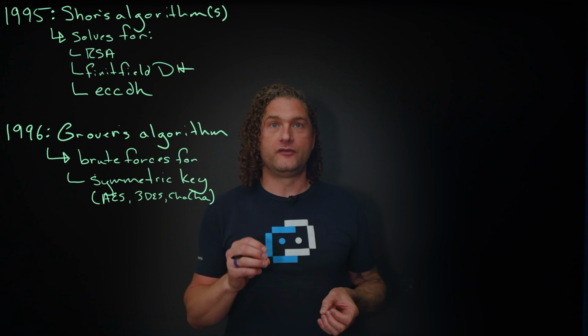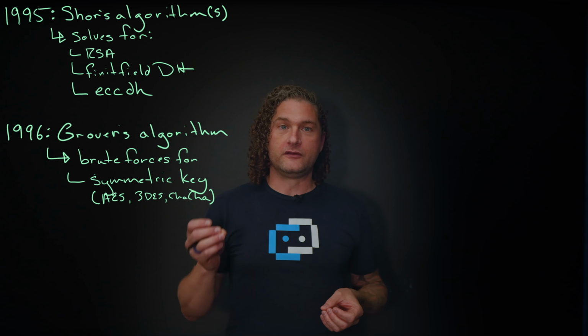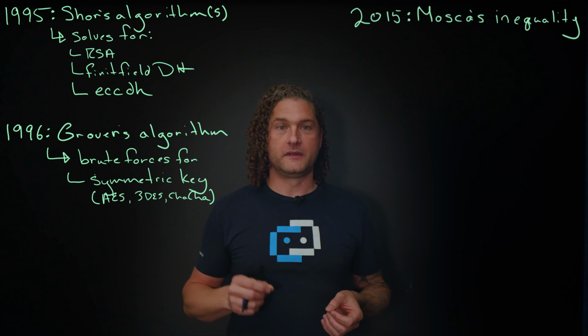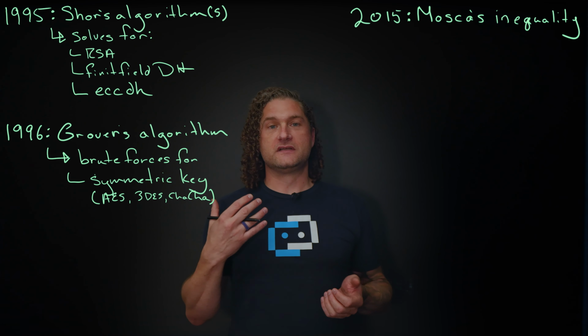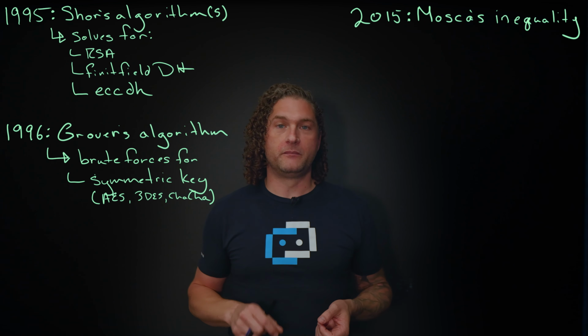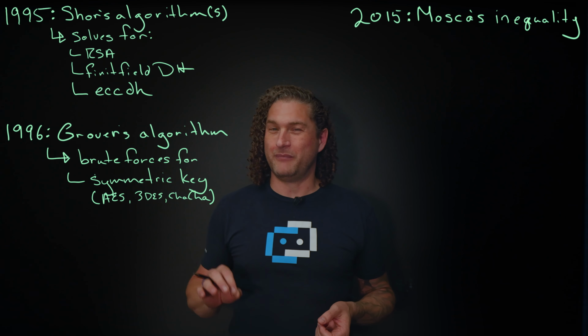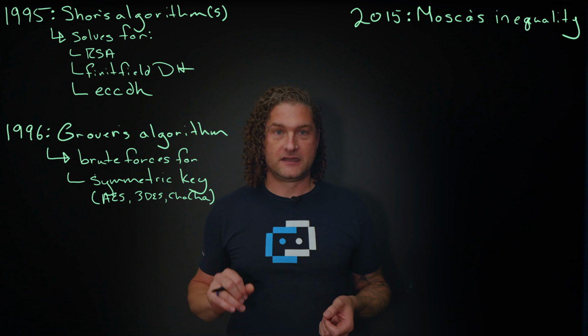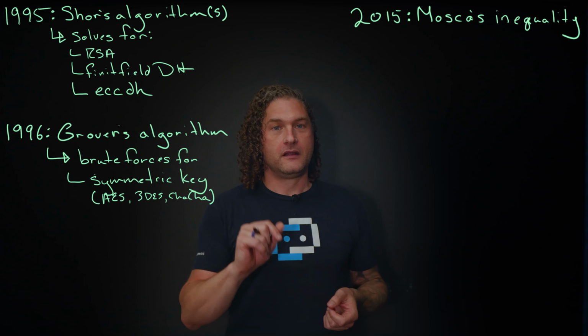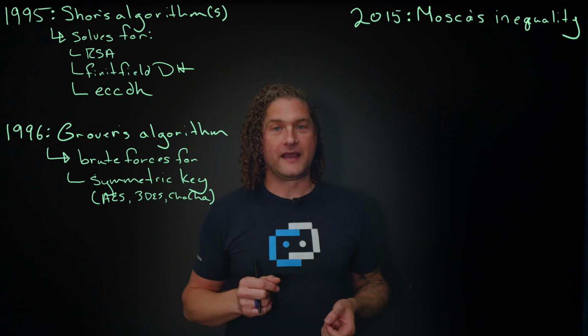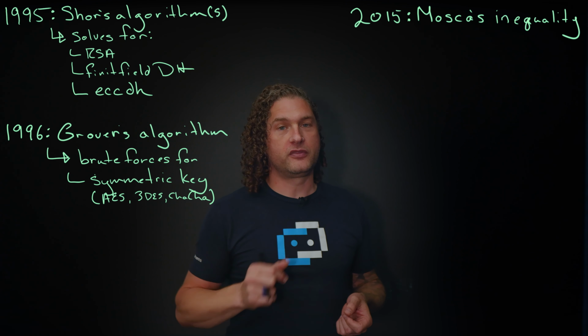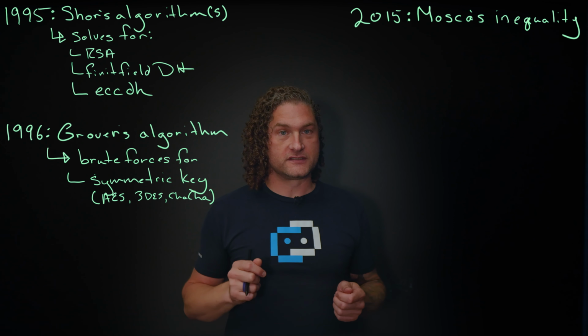This was really put into a discussion point when, in 2015, Dr. Michele Mosca basically told us there's a 1 in 7 chance that some fundamental public key crypto will be broken by quantum by 2026. He then came out and said there's also a 1 in 2 chance of the same thing happening by 2031. That 2031 date is what has everybody really concerned.